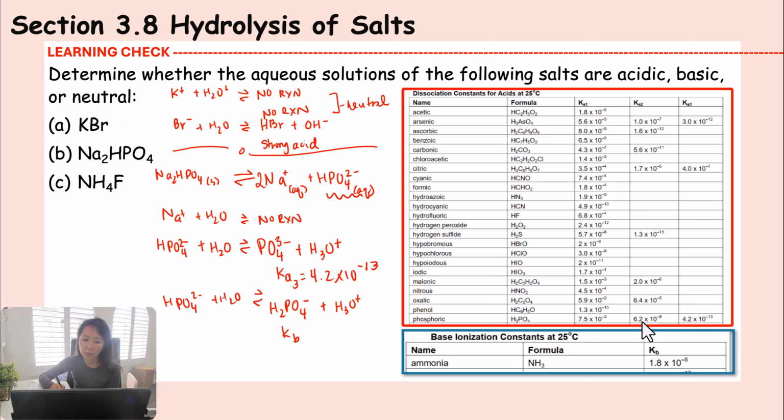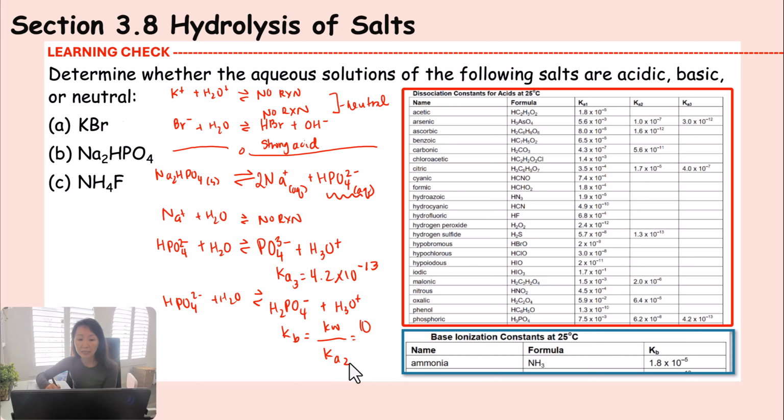So Kb will equal Kw over Ka2. You might wonder, why is it Ka2, not Ka3 or Ka1? It is Ka2 because it's determined by what acid it will become. And that acid is at the second protonation. It has already gotten rid of 1 proton, and it's on the second one, and it's going to become this when this reaction goes. So that's why we use the Ka2.